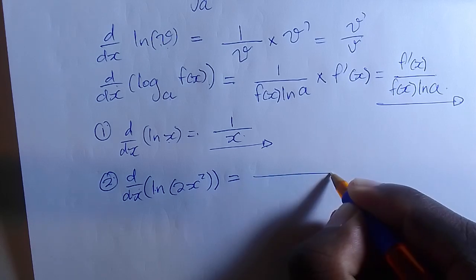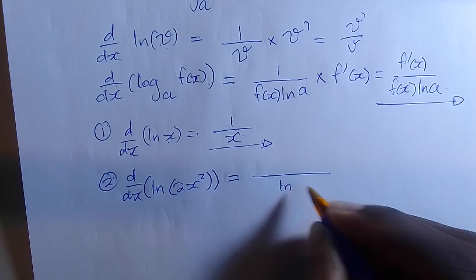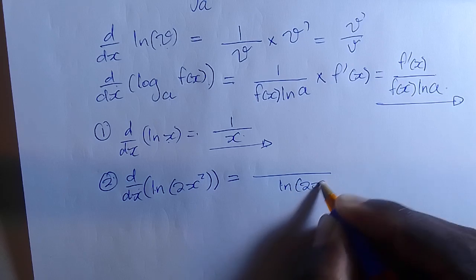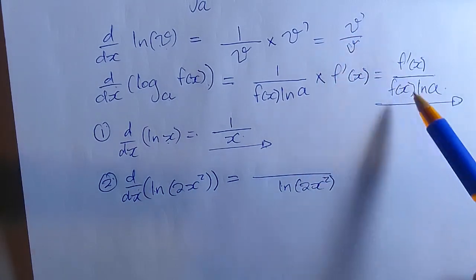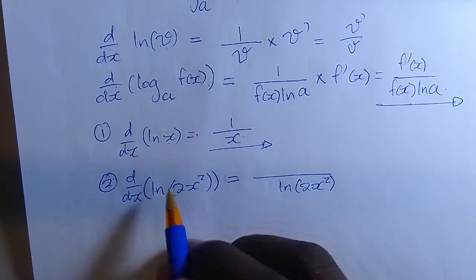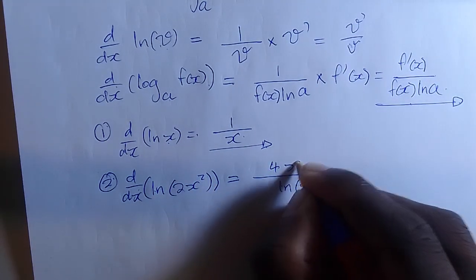So the exact function is ln 2x squared. It has to be there on the denominator, it's always there. And then on the numerator you have the derivative of this, which will be 4x.